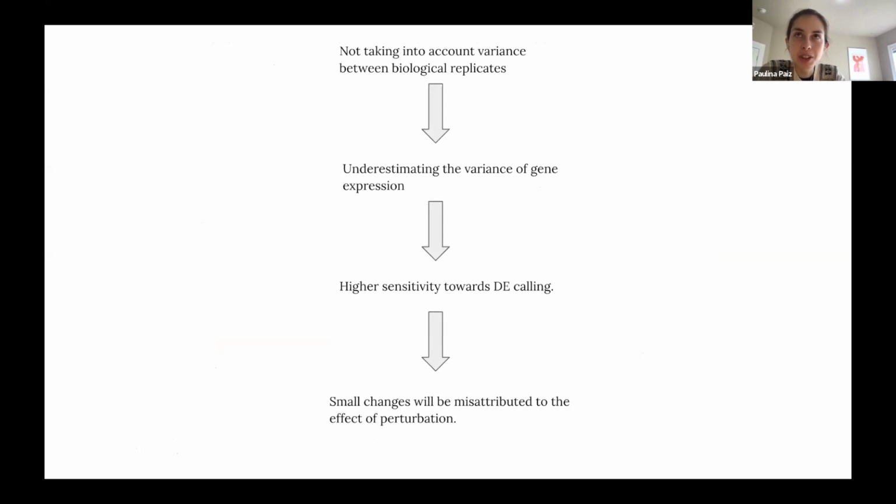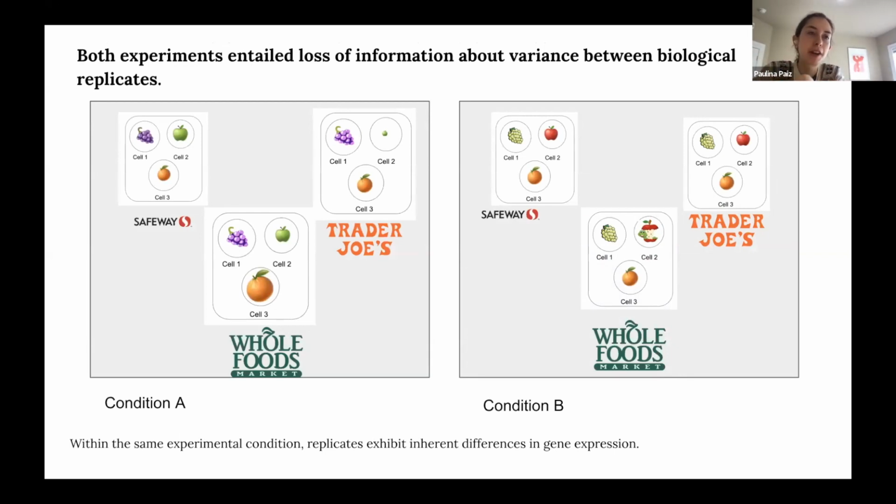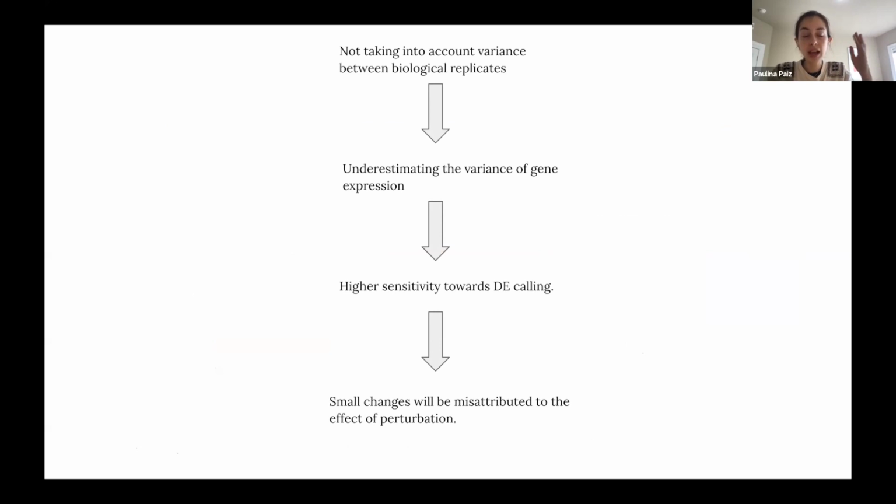And something also that I wanted to put together and really pull apart is that it was clear to the authors that this loss of information about variance between biological replicates would lead to higher false discoveries, but I wanted to see what were the steps in between. So this is why I drew out how this unfolds, starting with not taking into account variance between biological replicates.